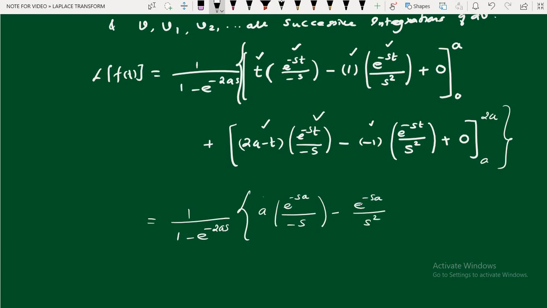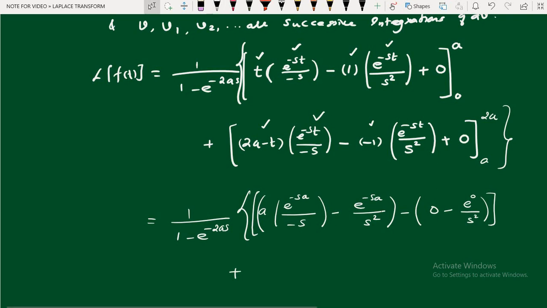So this is the upper limit, minus lower limit is 0. We substitute 0, first term 0, second term e power 0 by s square.